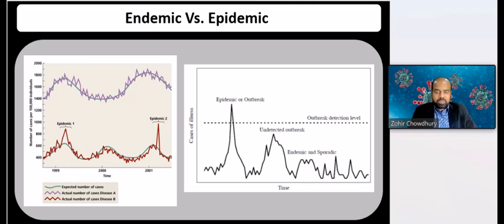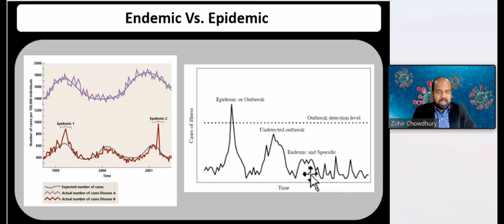So the difference between epidemic and endemic, you can see it here in the chart. You can see that here the levels of the specific illness are endemic in this region.